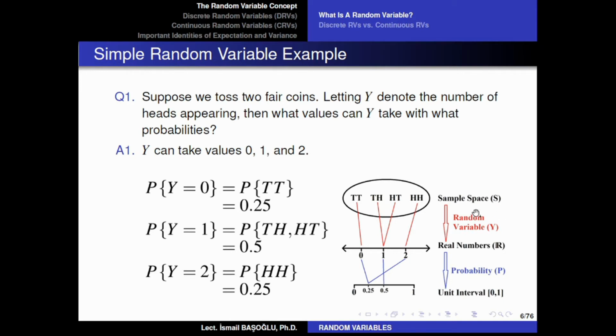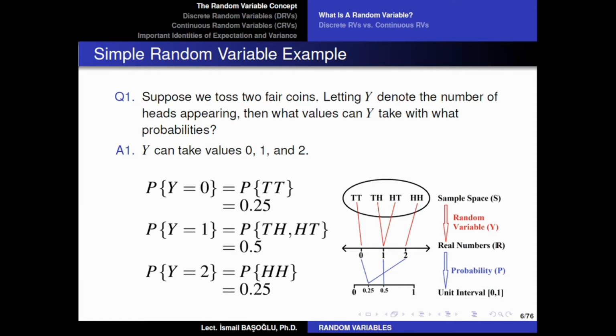So random variable is a projection of the outcomes in the sample space into real numbers, and probability this time is defined over the subsets of real numbers as a projection onto the unit interval. So this is how we define random variables and the probability on these sets.